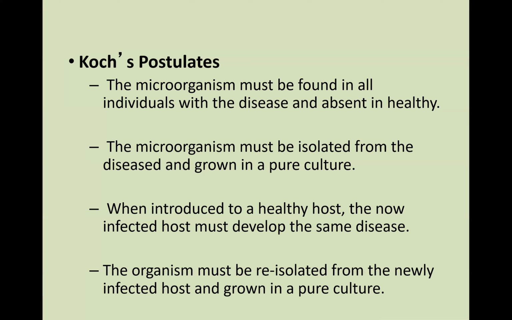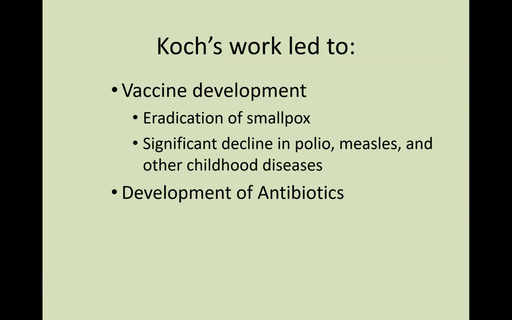If you found that microorganism again, it really helped to seal the idea of the germ theory of disease. A specific germ, a specific agent caused that specific disease. Bacillus anthracis causes anthrax. Neisseria gonorrhoeae would cause gonorrhea. Mycobacterium tuberculosis would confirm tuberculosis.